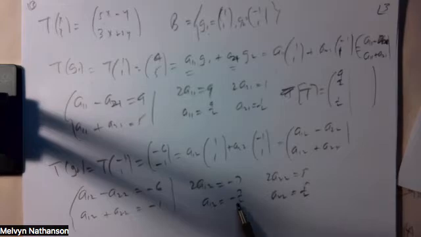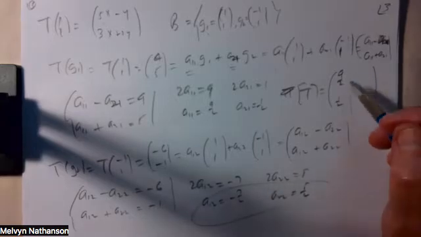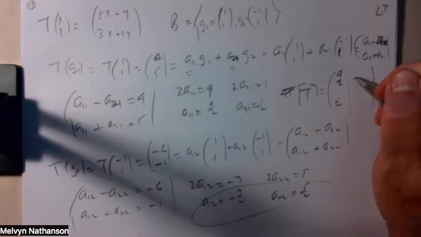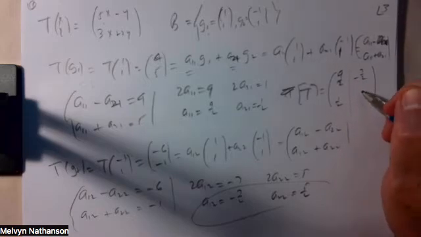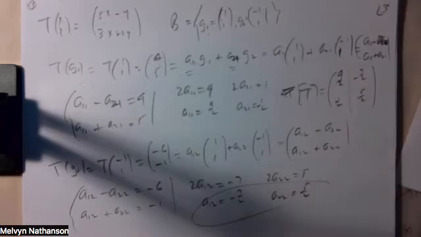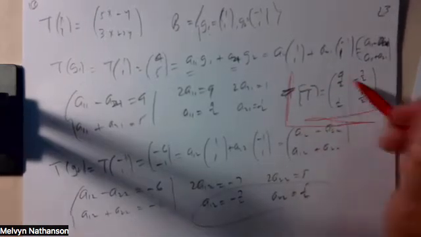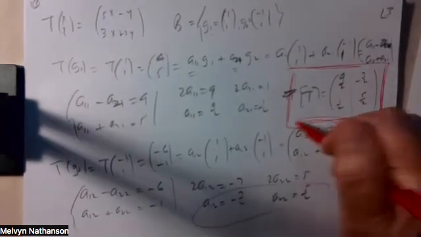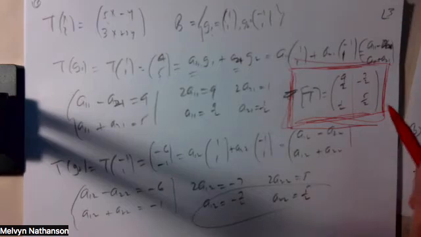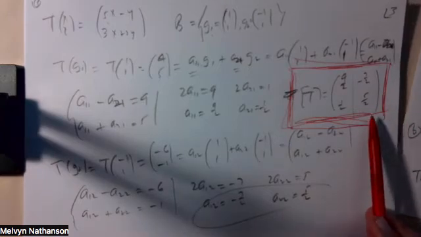Let's see, if I take this minus this, I get minus 6. If I take this plus this, I get minus 1. So the second column of my matrix is going to be minus 7/2, 5/2. So when I calculate the matrix for this linear transformation with respect to the basis, this is my answer.